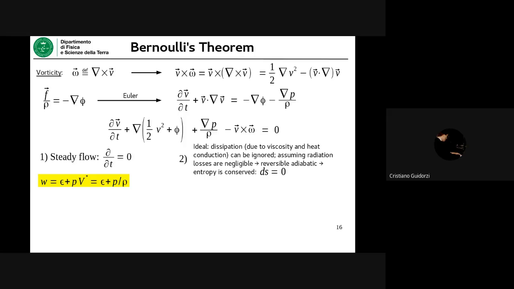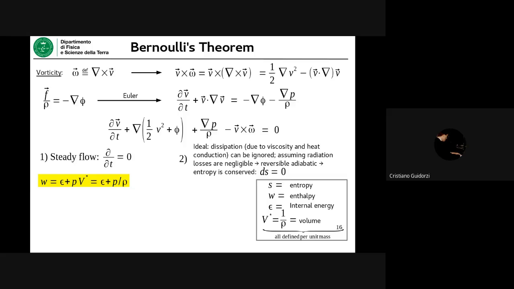What are they? S, as I said, is the entropy defined per unit mass. Now we define enthalpy, W, which is also defined per unit mass. And epsilon is the internal energy per unit mass. V star is the unit volume, so the volume taken by a unit mass.